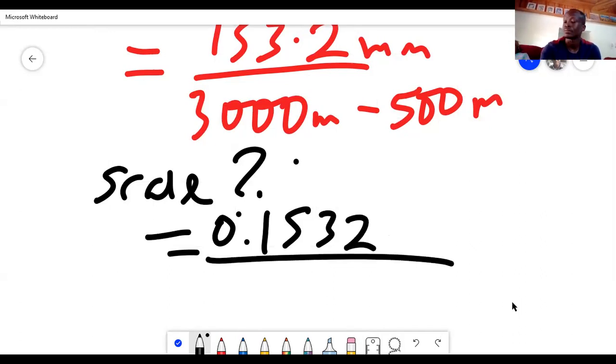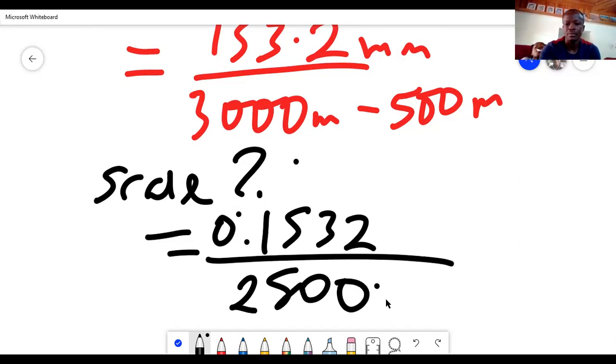Divided by, so now this is meters. 1, 2, 3. That's millimeters, which means 10 to the power minus 3. So 3,000 minus 500 will give us 2,500 meters. Okay, so now we have meters, and then we can cancel the meters out.